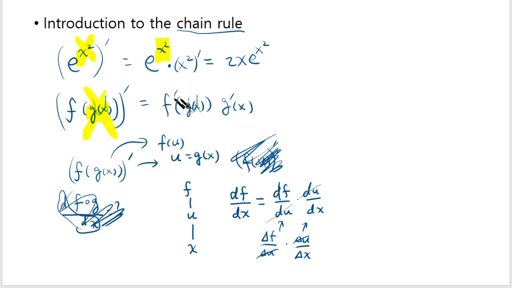So f prime of u is df du, that's what you have, and du dx, because u is g of x, that's g prime of x. Because u is g of x and you're differentiating that by x, that will give you g prime of x. And finally, this is f prime of g of x times g prime of x, and as you can see, that's exactly this chain rule.